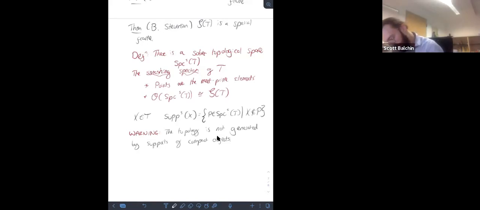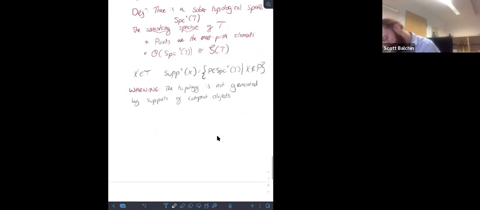Okay. Here's a question which I would love to know the answer to. Is S of t a coherent frame? We don't know if the smashing spectrum is a spectral space in general. We know some side bits about this.